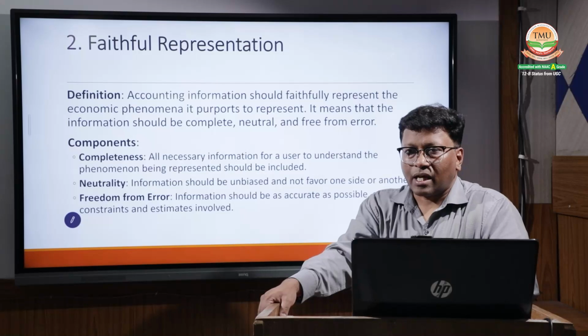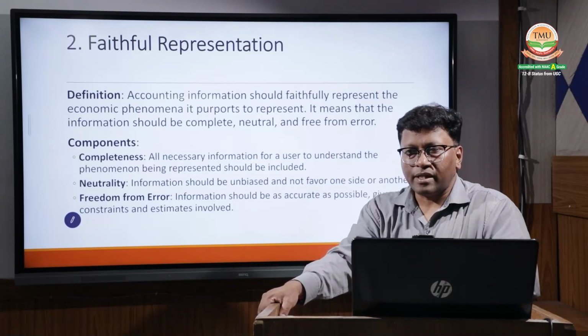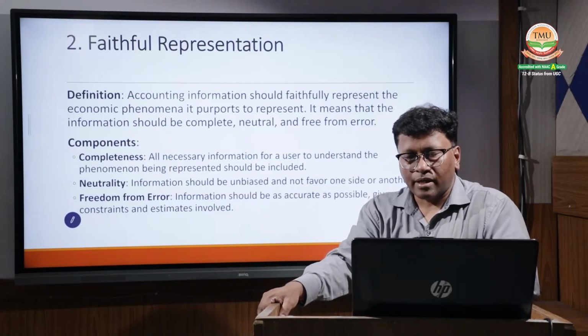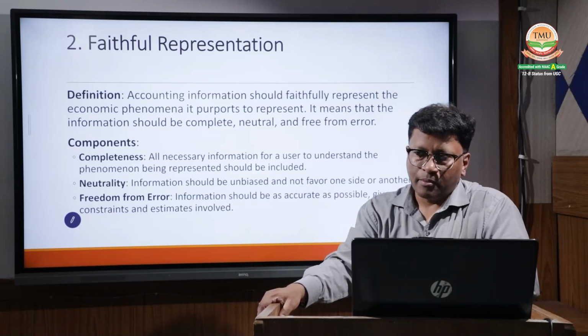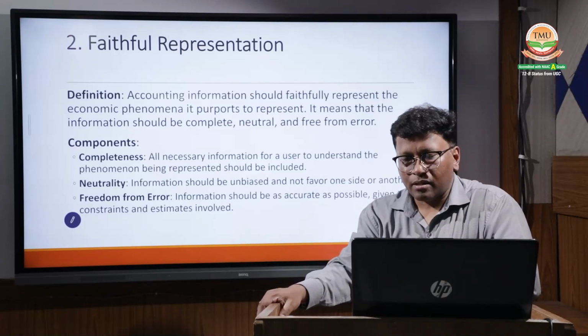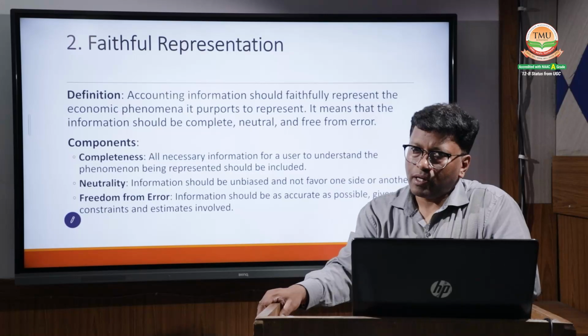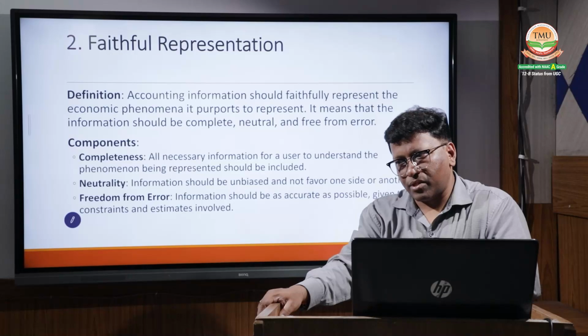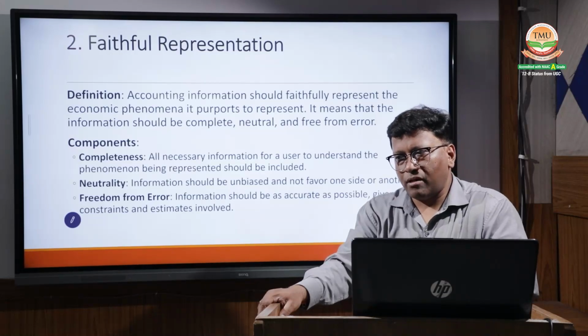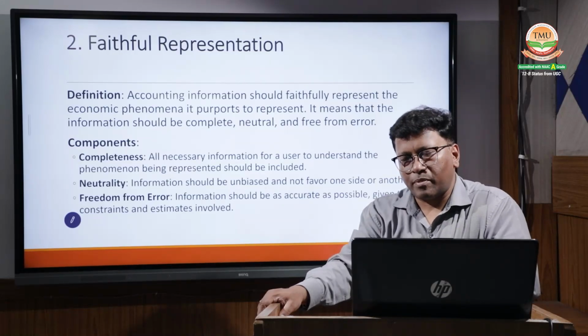It means the accounting information should be very clear, very neutral, unbiased and complete, and it should be free from error. Because if error exists, there is no use of the accounting information, because on the basis of the information you are taking different financial or economic decisions in the business. For example, if you are planning for expansion of the business or you are going to select any proposal, right?